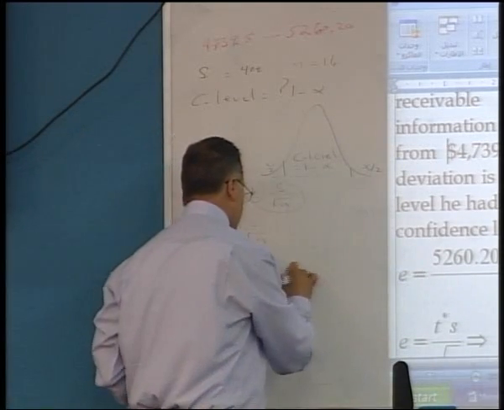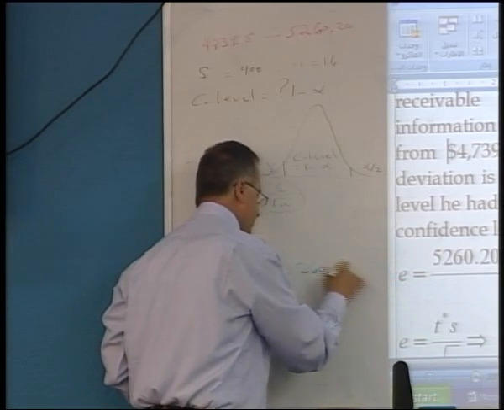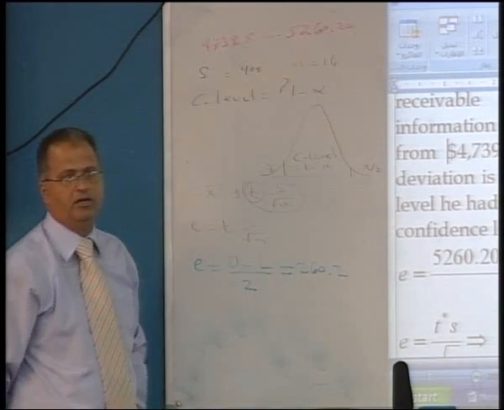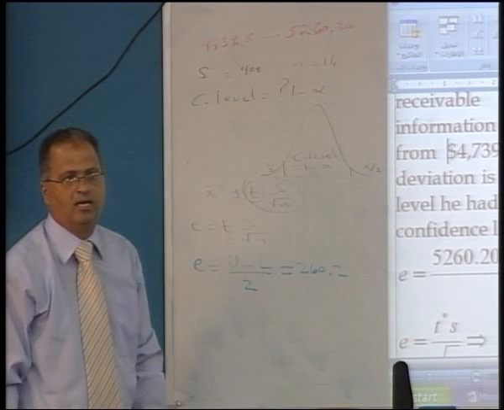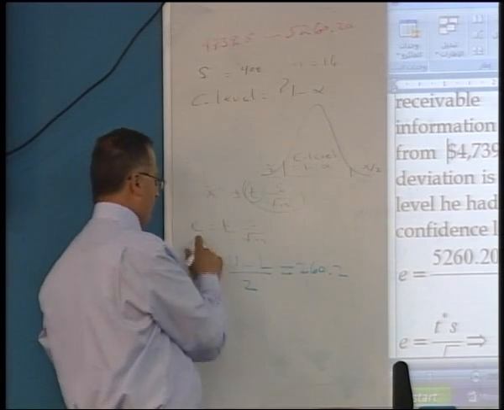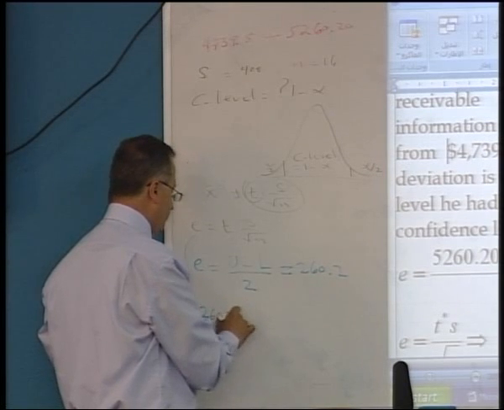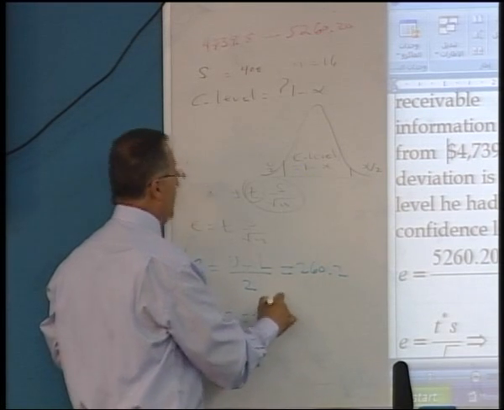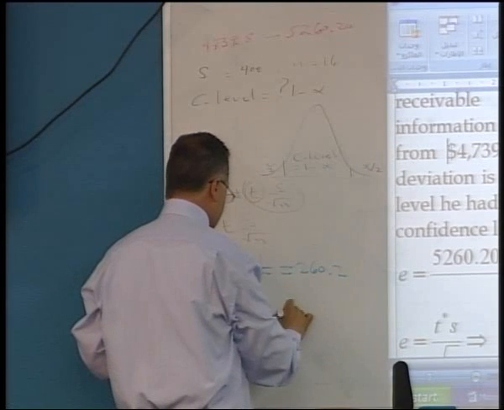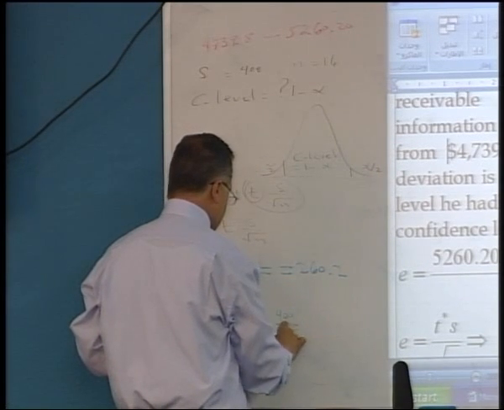So that will give 260.2. So that's E. So now E is known to be 260.2, which equals T times S, where S is given by 400 and N is 16.